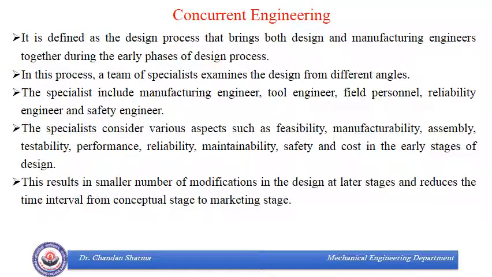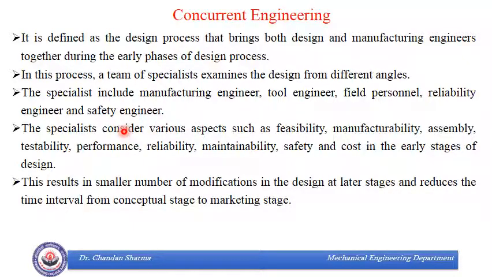If we see the features of concurrent engineering, it is defined as the design process that brings both design and manufacturing engineers together during the early phases of the design process. In this process, a team of specialists examines the design from different angles. The team should include a manufacturing engineer, tool engineer, field personnel, reliability engineer and safety engineer.